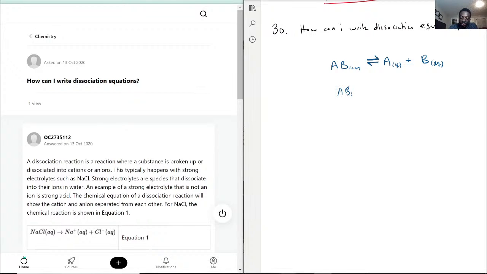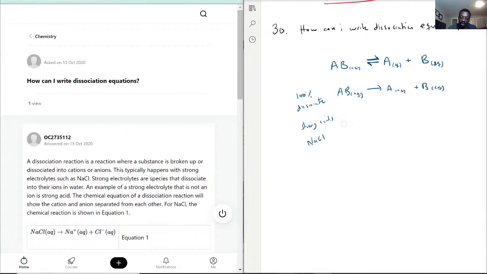This right here is only for things that 100% dissociate. Examples are things like strong acids, most things bonded with sodium actually, so like NaCl.